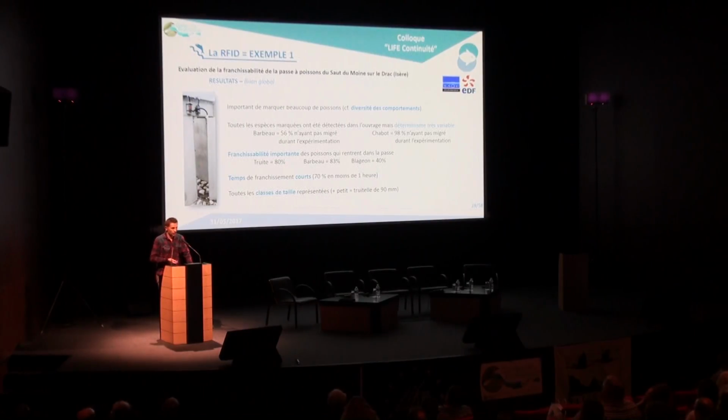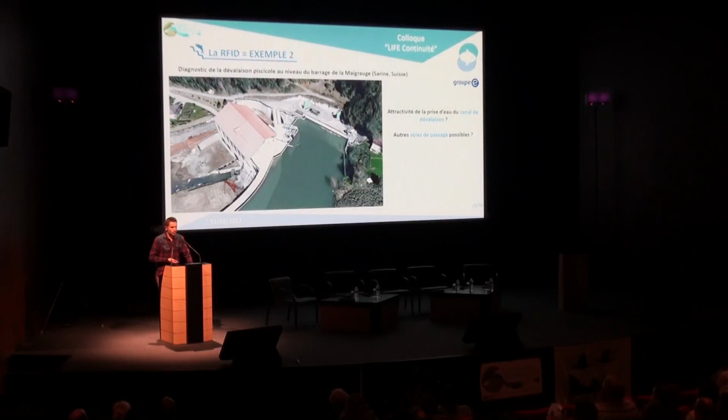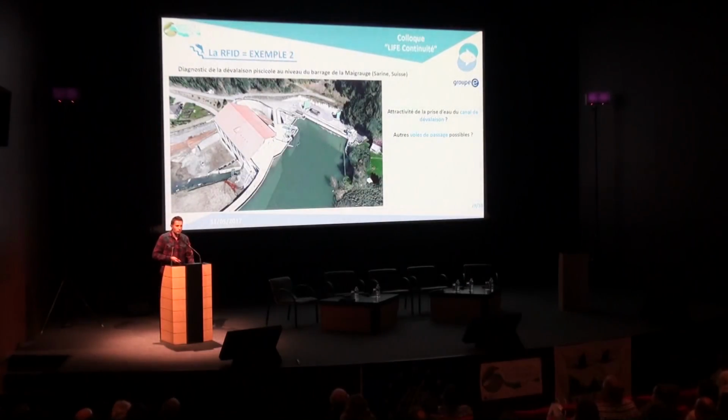For the fish downstream, we have got levels of crossings which are significant, 80% for the trout, for example, 70% in less than 1 hour and different sizes. That's all for the ascending fish, and now for the descending fish.